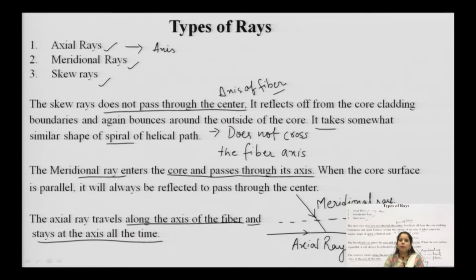Meridional rays pass through the axis of the fiber. Skew rays do not pass through the axis of the fiber. They reflect from the core-cladding interface, bounce outside the core and follow a spiral path while traveling. So, these are the three important types of rays we come across in optical communication, and here is the basic difference between these three.